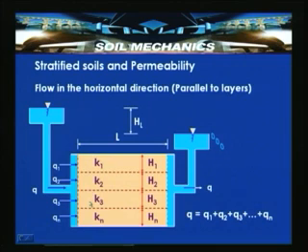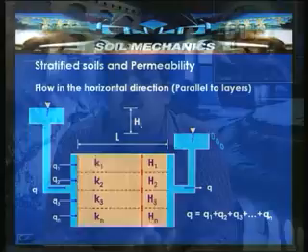So, this is the Q entering the stratified soil mass, and this is the Q coming out of the soil mass. So, Q is equal to Q1 plus Q2 plus Q3 and so on to Qn. So, condition 1 here is that Q is equal to Q1 plus Q2 plus Q3 so on to Qn, and the head loss is uniformly constant.